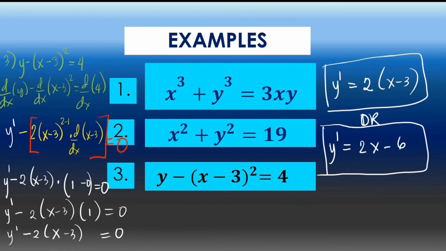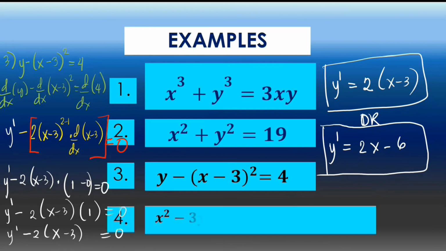So let us have the last, number 4. Again, looking at the given, the x and y are on the same side. If you look at number 1, x and y are on the same side on both sides. So implicit differentiation. Okay. So I will clear the screen.